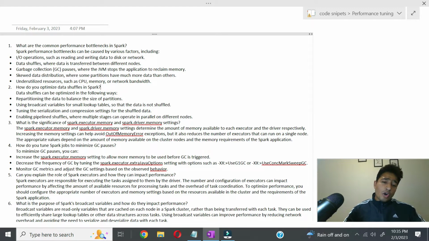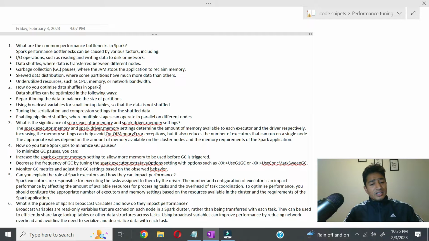So how do you optimize data shuffle in Spark? We have covered data shuffling in a lot of detail in the previous join video, but let's see here. Data shuffles can be optimized in the following ways. You can do repartitioning to balance the size of partitions. You can use broadcast variables for small lookup tables so that data is not shuffled.